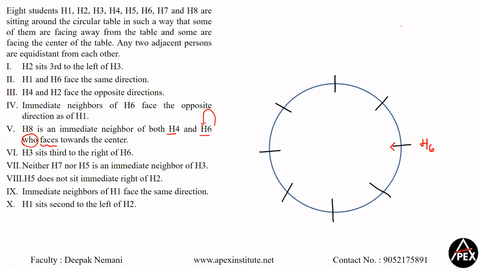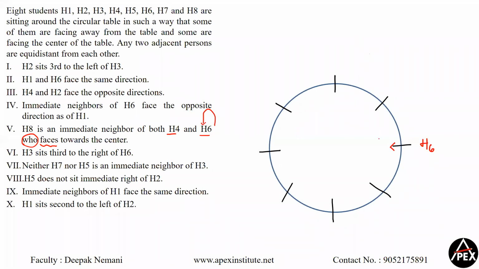So who is facing towards the center? It is H6 only. If both H4 and H6 were facing towards the center, the statement would have been: H8 is an immediate neighbor of both H4 and H6 who are facing towards the center. The statement will be like that. Is it clear? Yes, sir.